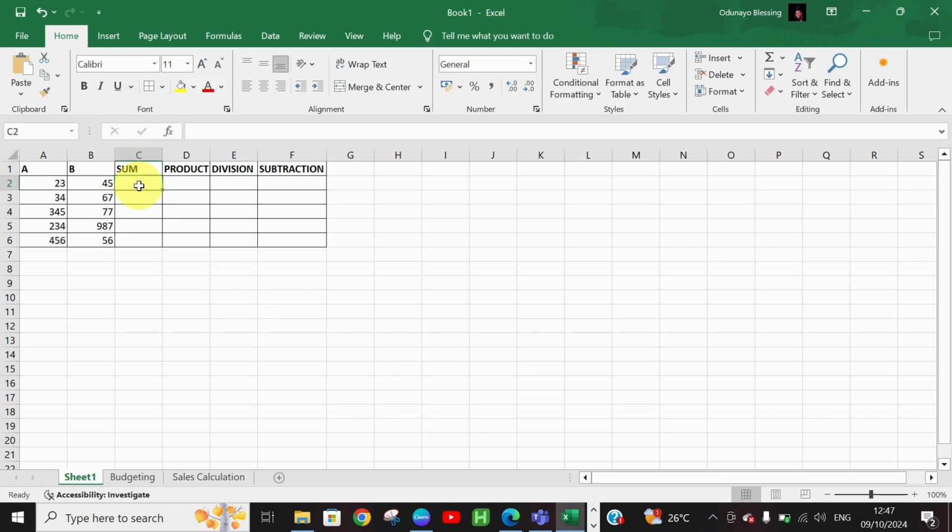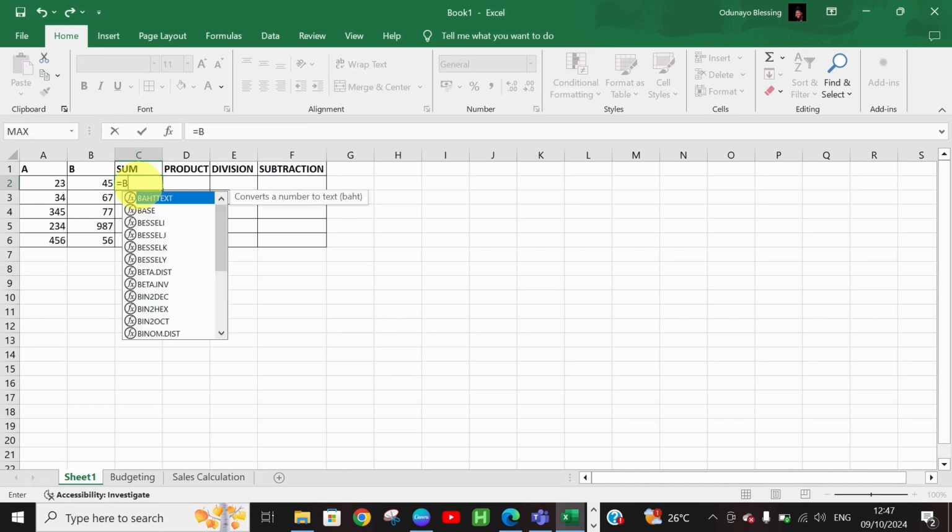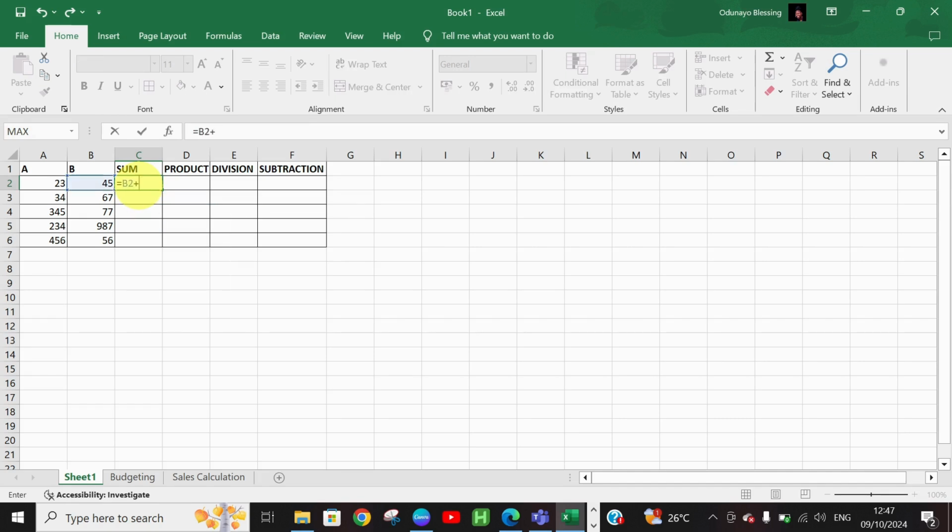So for sum, I'll be using several means to get the sum of the data in A2 and B2. I can decide to write B2 plus A2 to get my answer.